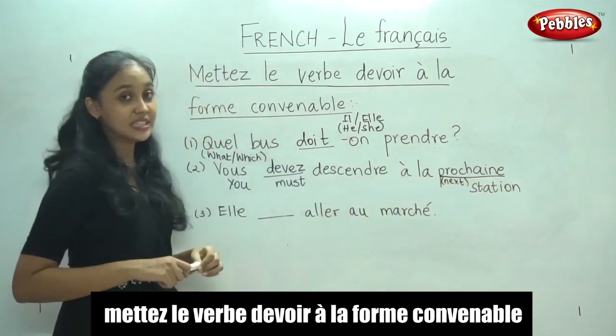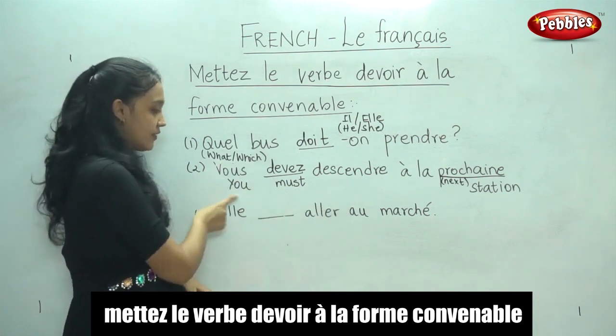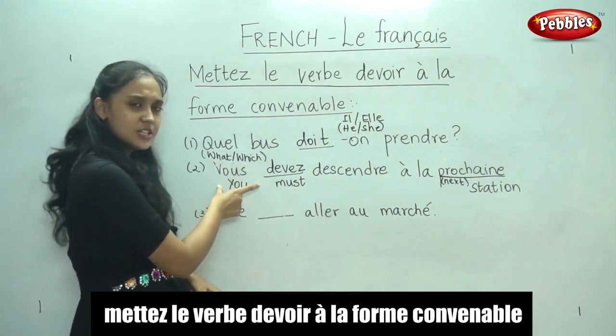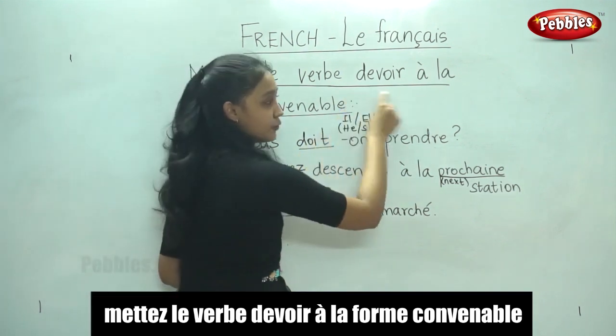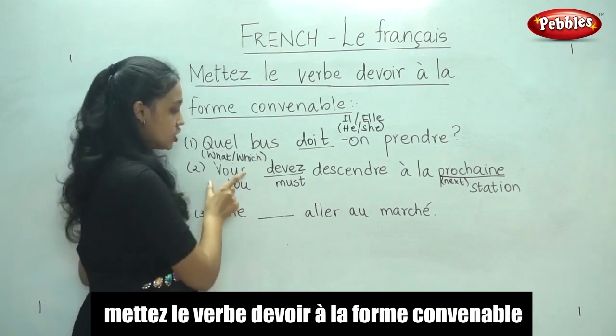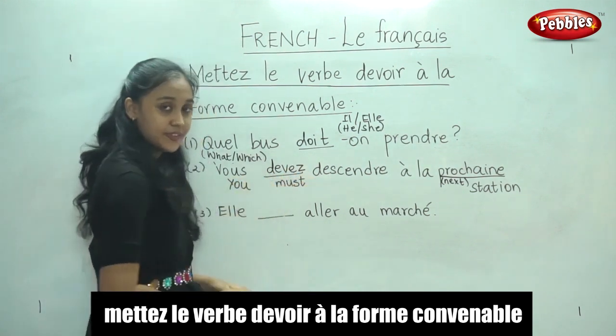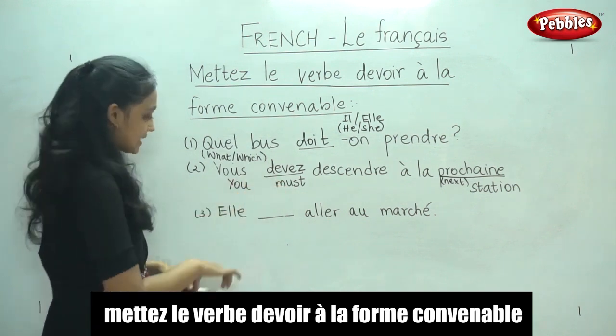So what did we do in this sentence? We read this sentence. Here we identify the subject pronoun. Here it was very simple. It is vous. So for the verb devoir, what is the conjugation for vous? It is devez. So vous devez. So have you understood?